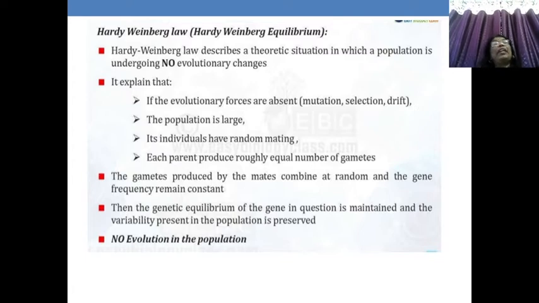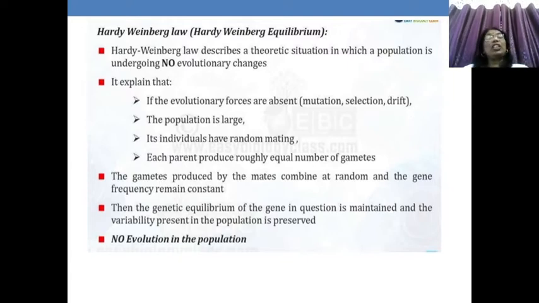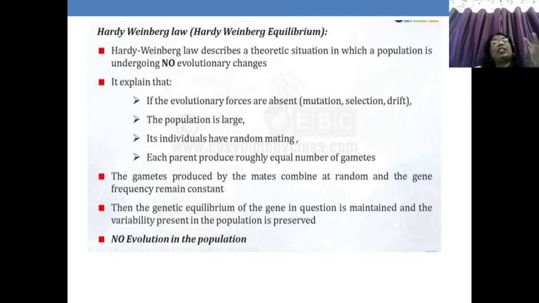The random mating must take place in that population, and each parent produces roughly equal numbers of gametes. When we study the Hardy-Weinberg law and equilibrium, the mutation, selection, and genetic drift, these evolutionary forces must be absent.